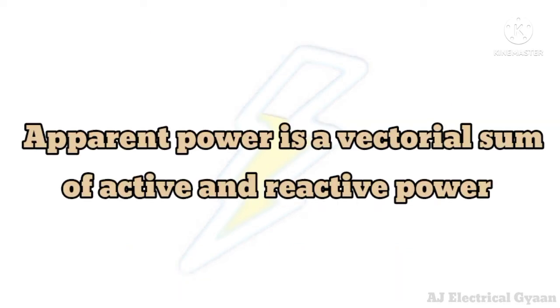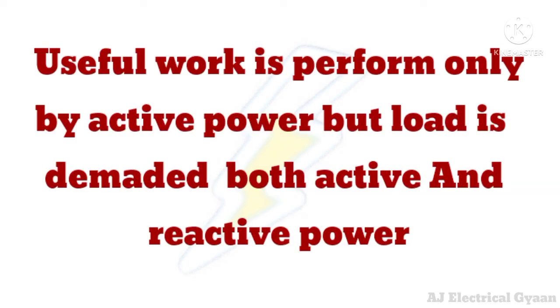Apparent power is the power demanded by the load, which is the vectorial sum of active and reactive power. It means the load demands both active and reactive power, but uses only active power to perform useful work.